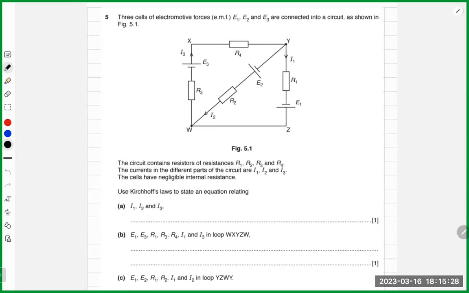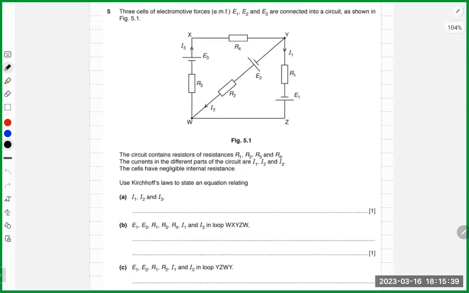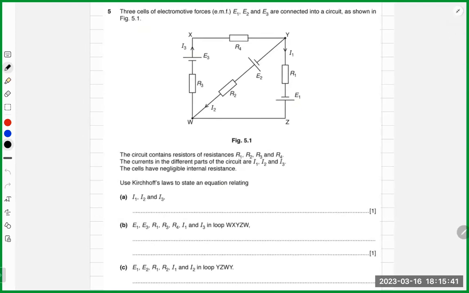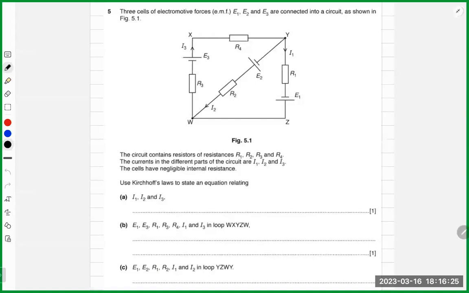You have this question in the PDF that I have shared with you. So you can open this question and see if you can solve it by yourself. Okay.